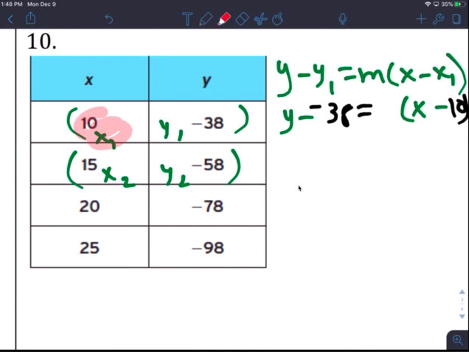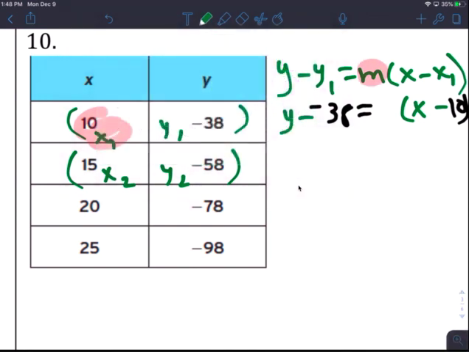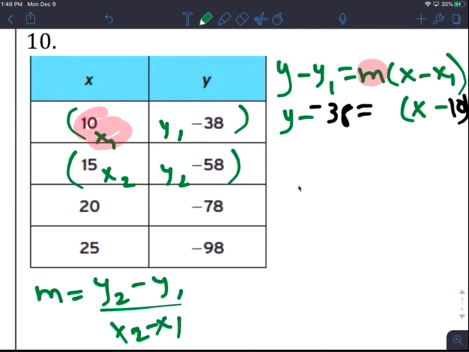Okay, we need to find the slope right here. Slope is y sub 2 minus y sub 1 over x sub 2 minus x sub 1.